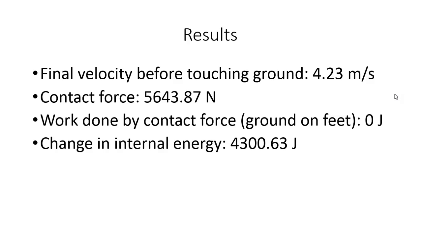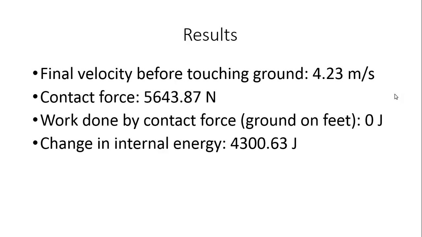So we end up with mg over the total distance moved by the center of mass over the distance moved by the center of mass while his feet were touching the ground and the force of contact was applied. And this force was found to be 5,643.87 newtons.